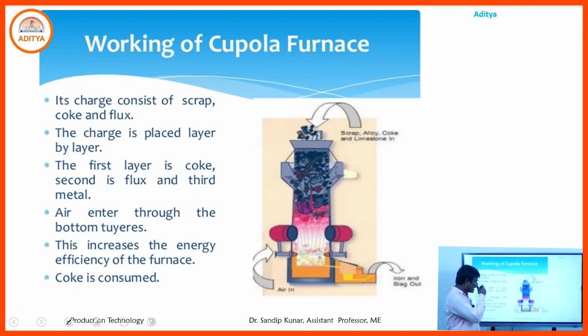Working of the cupola furnace. In this furnace, the charge consists of metal scrap and coke. The charge is placed layer by layer: coke, flux and metal accumulate in the furnace.